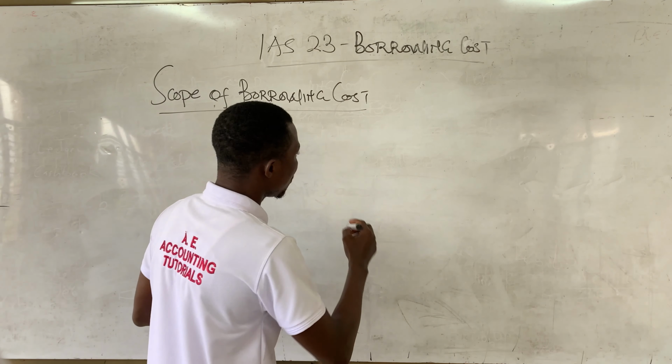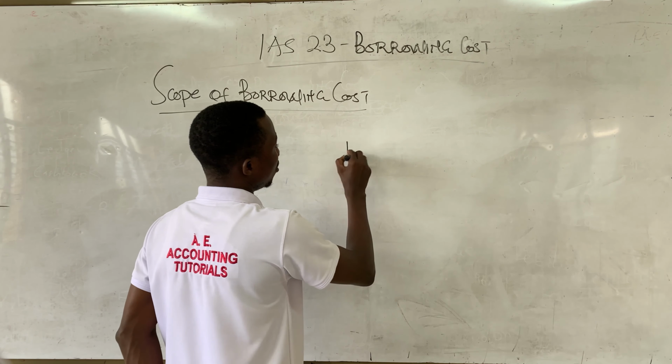The business can do this either through loans, through bonds, through debentures, through preference shares or capital.